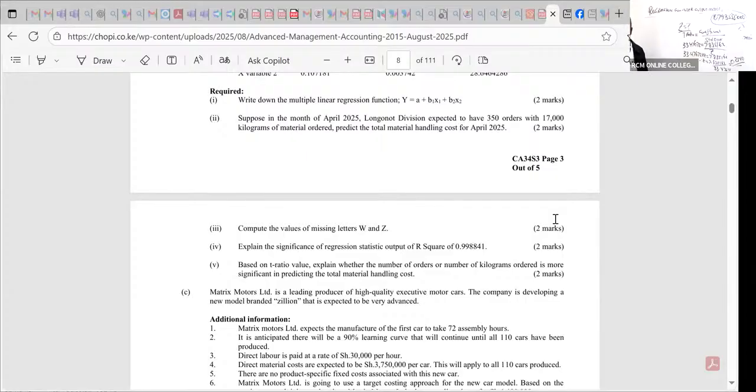The R squared percentage will be 99.88, or more precisely 99.8841. So they want me to explain the significance of this statistic.